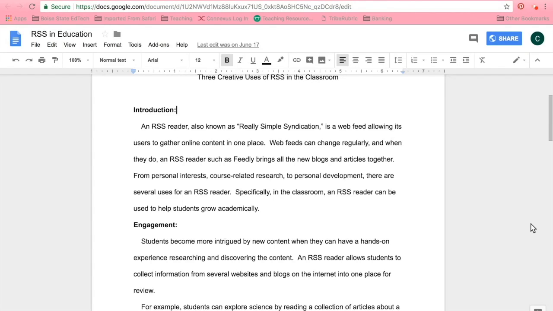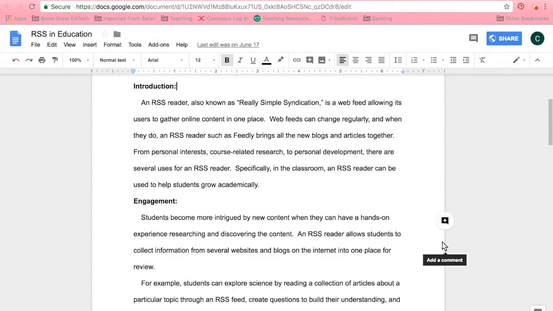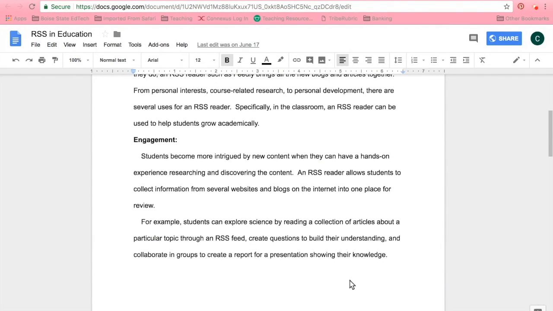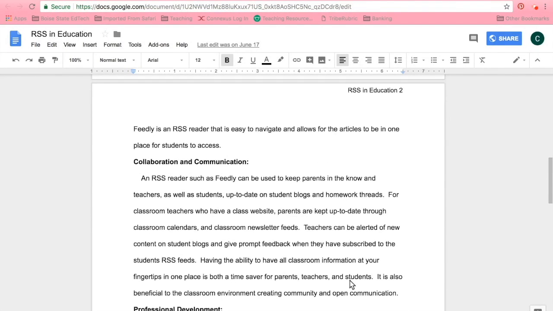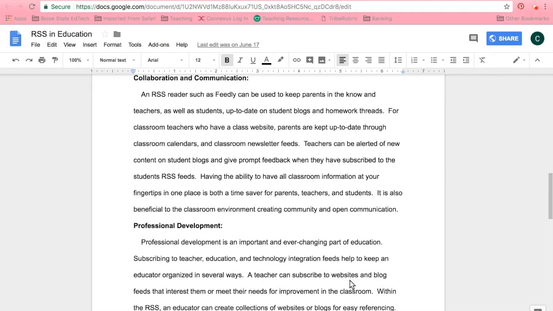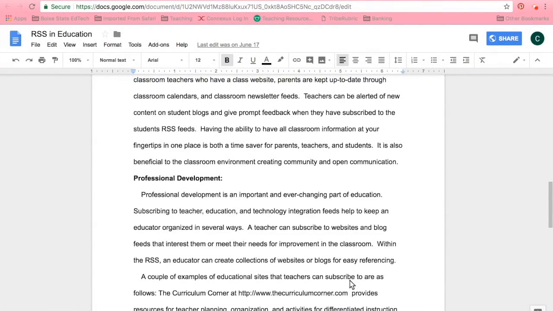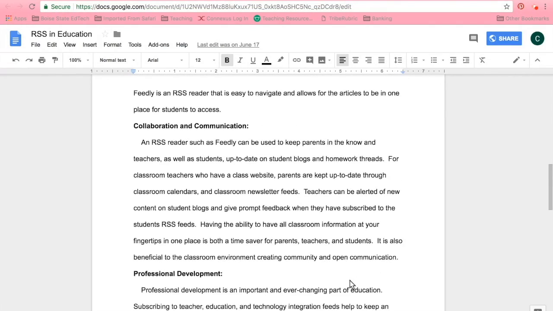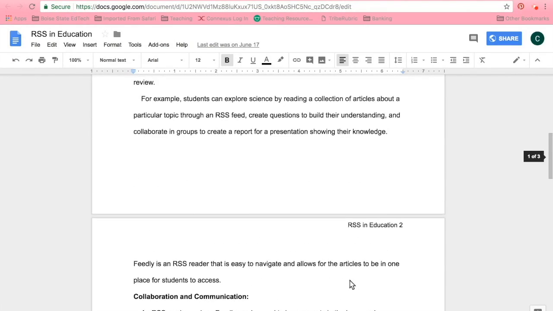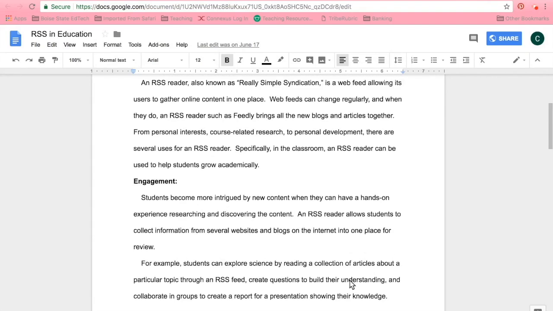RSS stands for Real Simple Syndication, and it can be used in the classroom to solve several problems of running out of time when researching or gathering information from a lot of sites, because you can do it all from one. So it benefits professional development, collaboration and communication, and it helps with engagement.